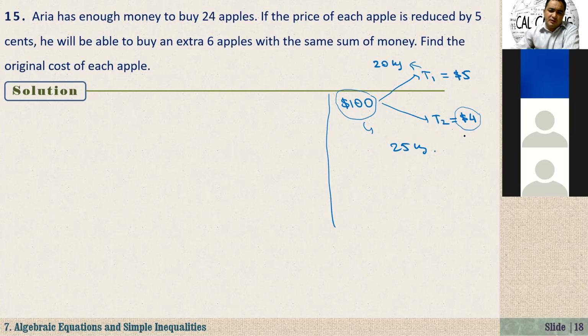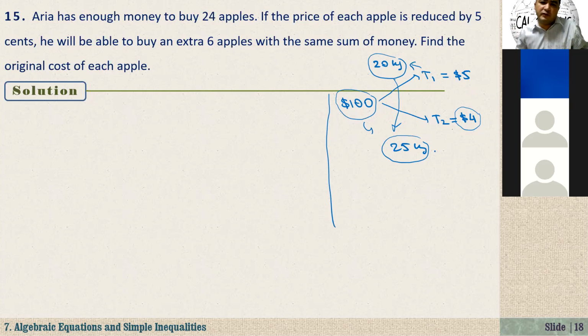So what is the difference in terms of the weights of the apples? In the first case, you can buy 20 kg. In the second case, we can buy 25 kg. That means that if you buy apples at the second supermarket, you can buy 5 kilograms of apples more than at the first supermarket. So that is something like this.